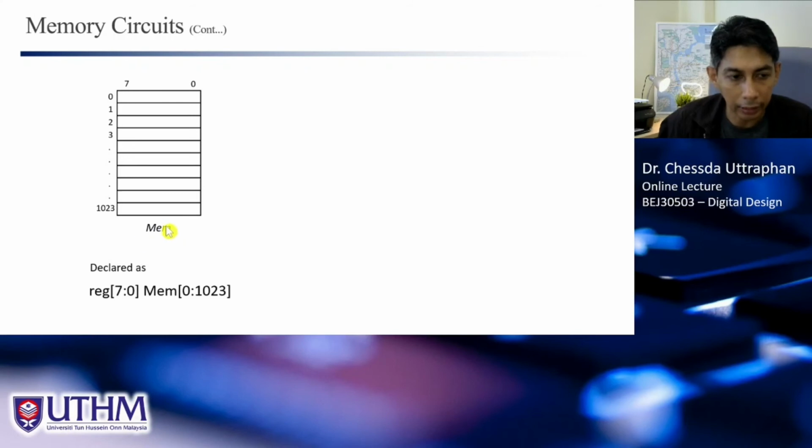This is the size of each location, which is 8-bit. And this is the size of your memory, how many locations you have. So in this case, you start from address 0 and end with address 1023, right? This is the last address, and the size of this memory is 1 kilobyte.